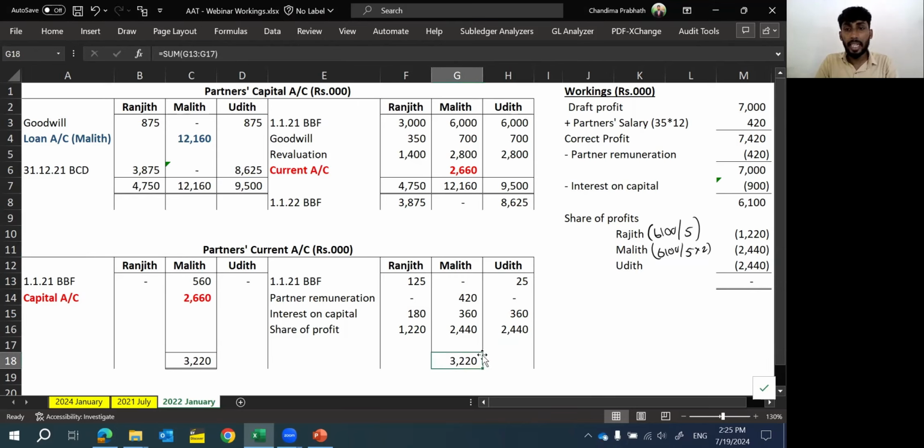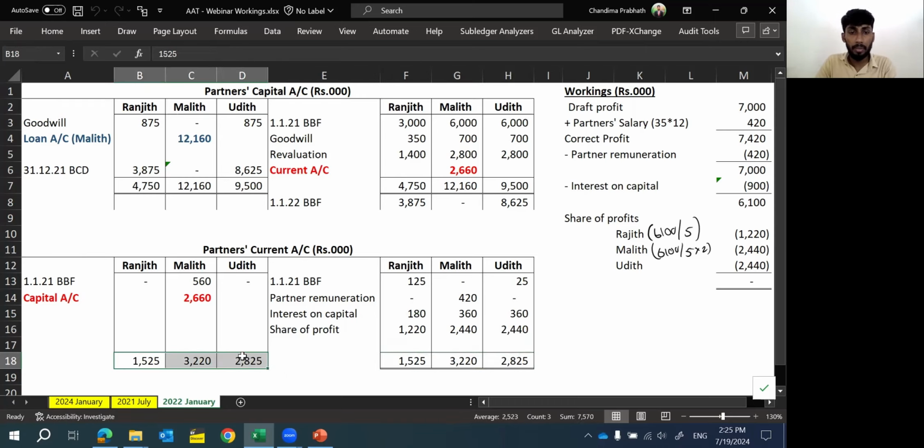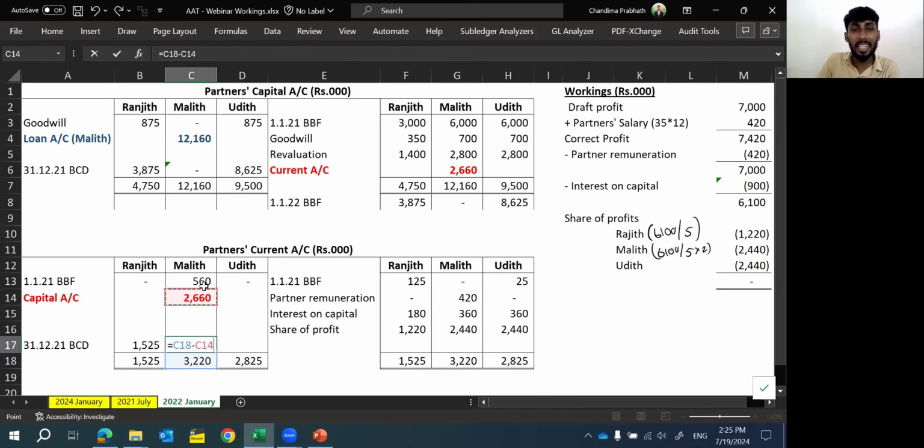Then with regard to the current accounts, we need to balance off the current accounts of Ranjit and Udit also. So these accounts will be like this. Balance carried down 31st December 2021 here. It is 1,525. And for Malit's, can there be a balance for the current account? No. When you tally the account, it will be 0.